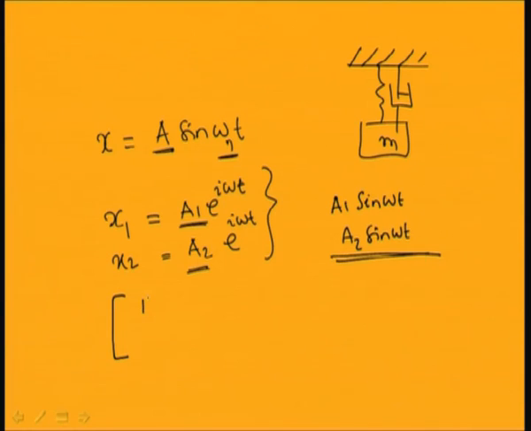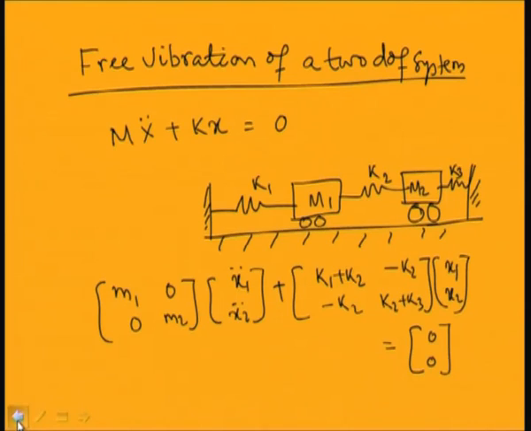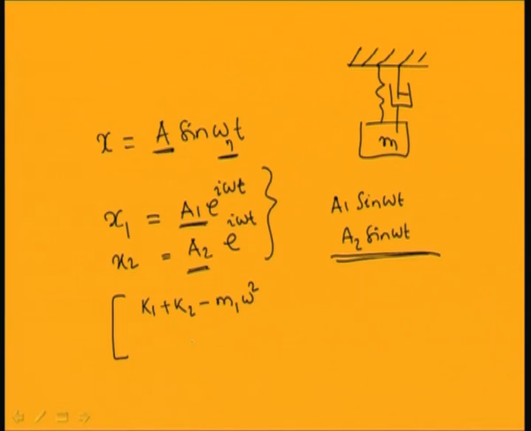So, it becomes k1 plus k2 minus m1 omega square, because m1 x1 double dot becomes minus m1 a1 omega square e to the power i omega t.